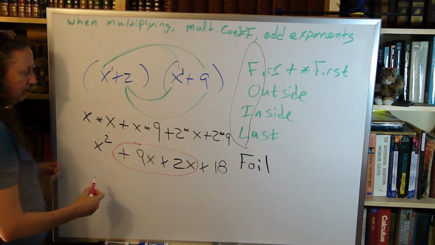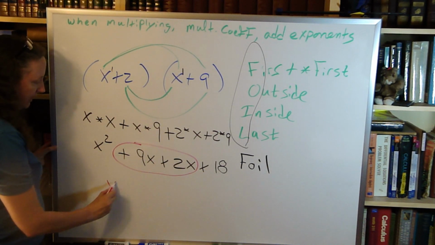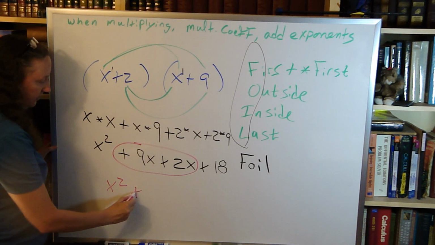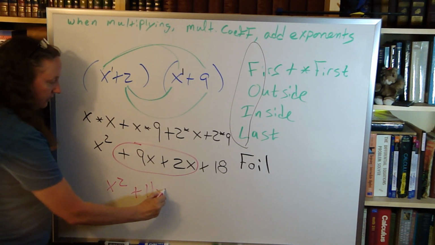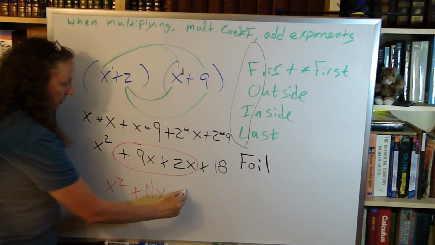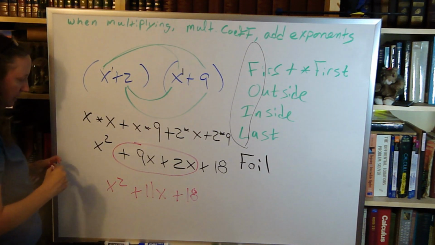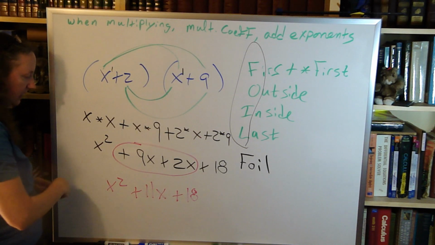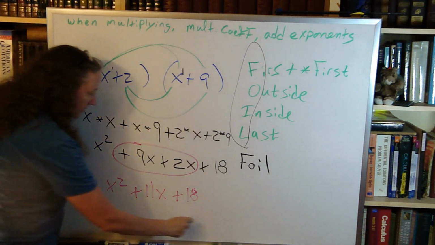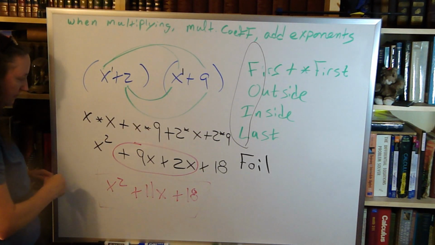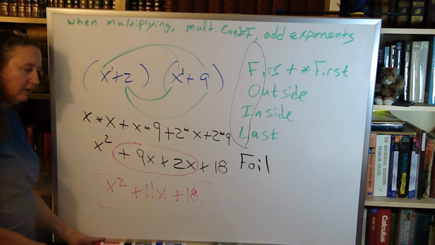I have the 9x plus 2x. So I have x squared plus 11x plus 18. Now I have my final answer down here. Foiling.